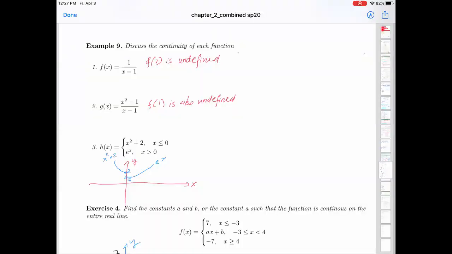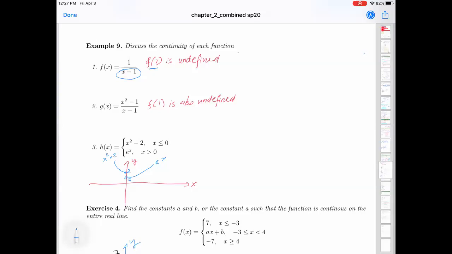Now let's discuss the continuity of each function in example number 9. For the first function, you can see right away that the function is not defined when x equals 1. So f of 1 is not defined, and it's defined everywhere else.